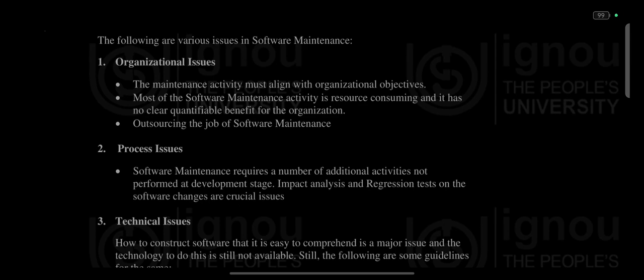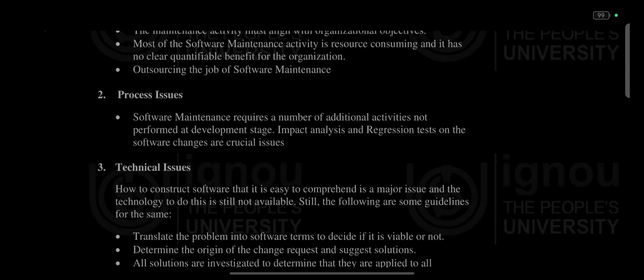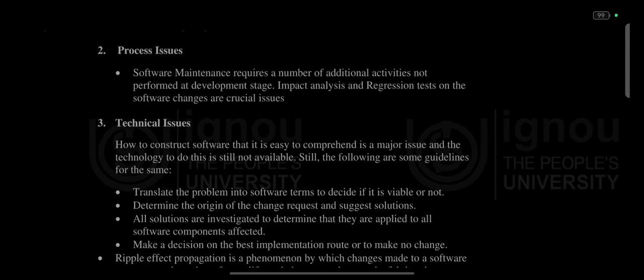Outsourcing the job of software maintenance. Process issues. Software maintenance requires a number of additional activities not performed at development stage. Impact analysis and regression tests on the software changes are crucial issues.